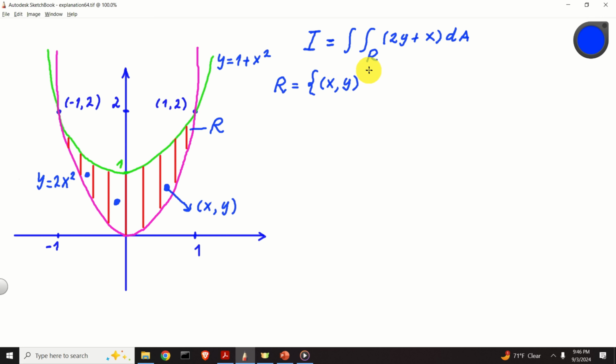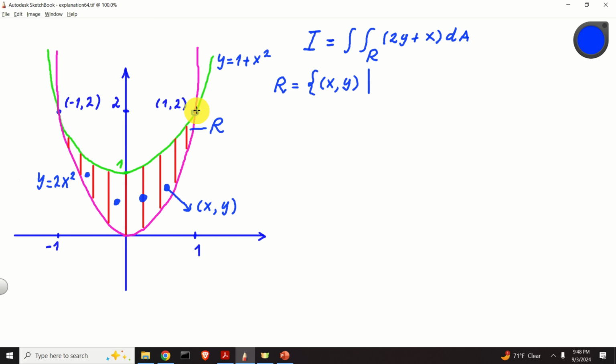Then we need to specify that these coordinates have to satisfy some properties, that is, they are not independent. From this graph, we can see that the coordinate x of any point, for example of this point, is in the interval from -1 to 1.